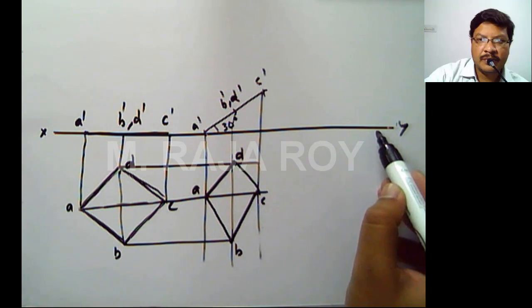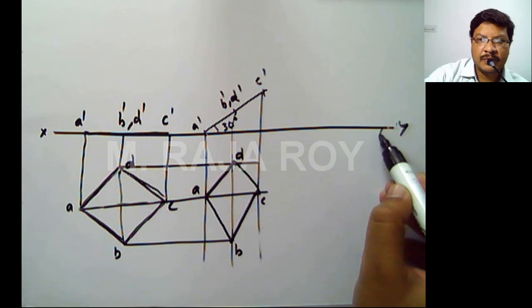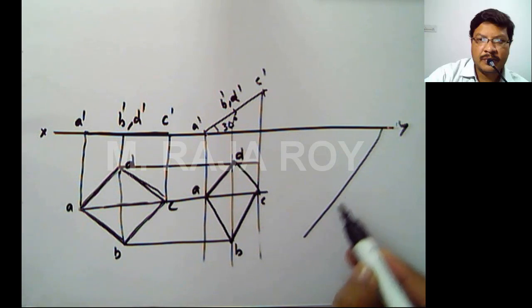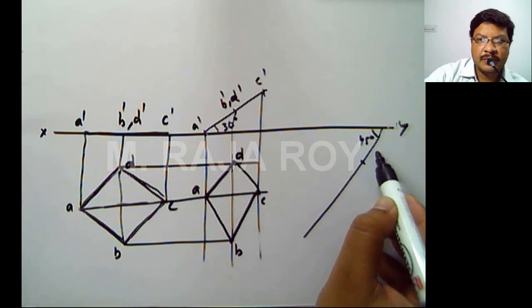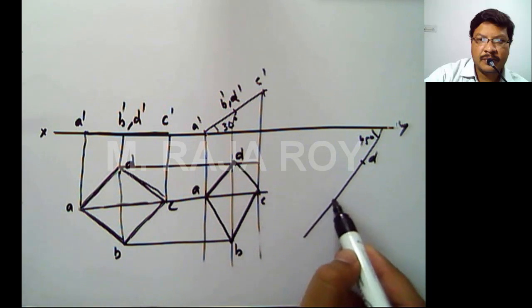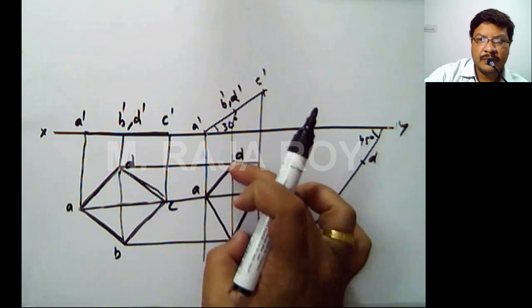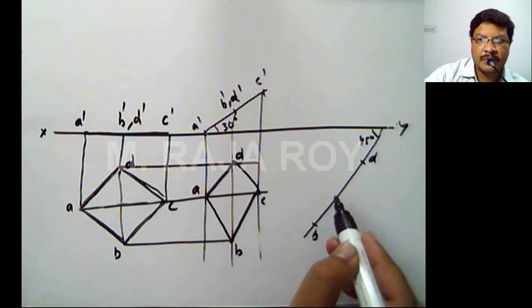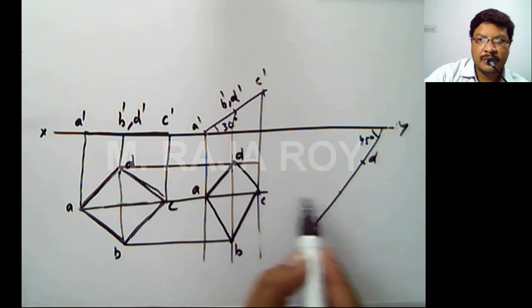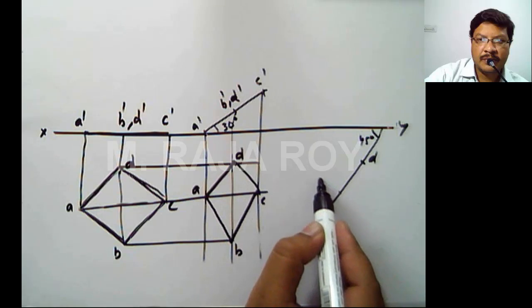So from somewhere here you draw a 45 degree line like this. You draw one 45 degree line. Along that 45 degree line, somewhere here you take D point. You take this distance. Somewhere here you will get B point. You take the midpoint. Now draw a perpendicular to BD like this.